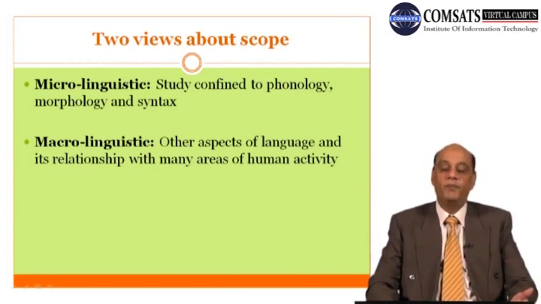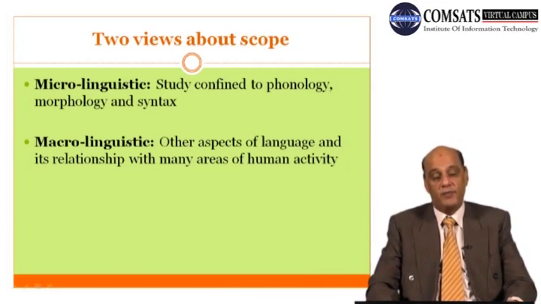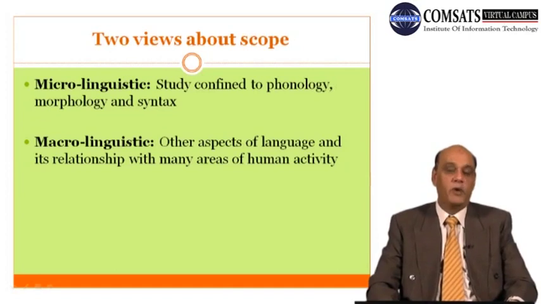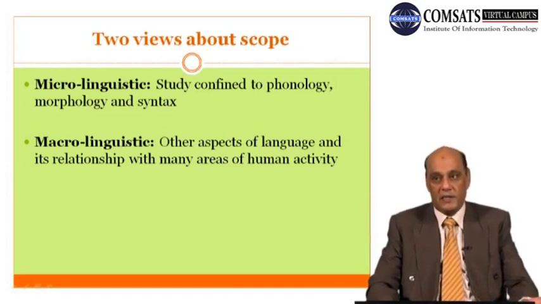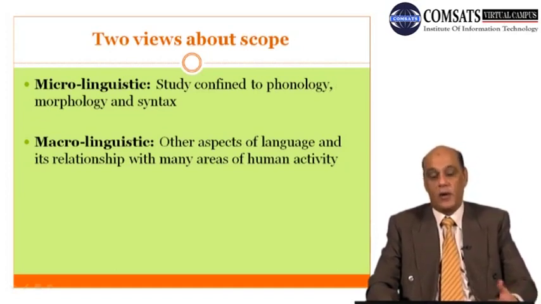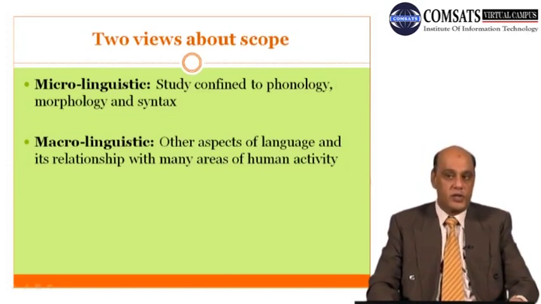Whereas the other group, the macrolinguistics, say that there are other aspects of language and its relationship with many areas of human activity, like we talked about in the last lecture, that linguistics also has links with the social sciences or the humanities. So when we include all those things, that of course extends the scope of linguistics.